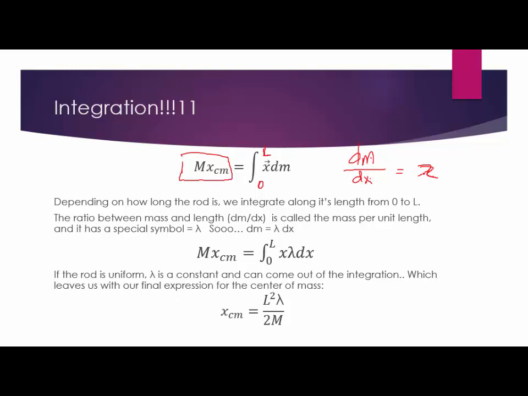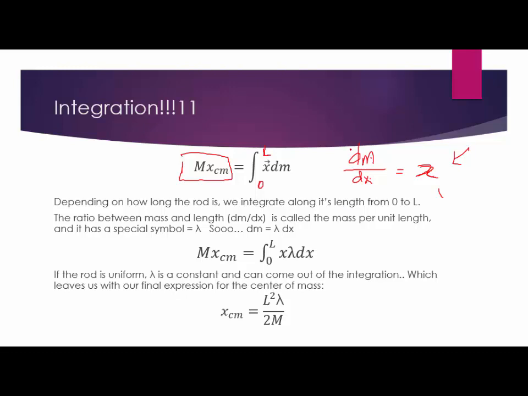This is a unit we haven't talked about before, but it does exist. It's kind of like density, but instead of mass per volume, we're talking about mass per length. It's called the mass per unit length, and the denotation is a lambda symbol.